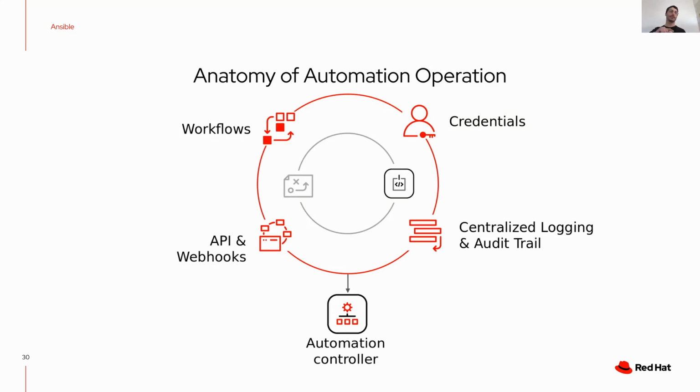And what it does is give you an API to trigger those runs or to inquire about previous runs, as well as workflows, so that once a certain playbook gets run and finished, either successfully or failure, it can then trigger other playbooks and maybe different playbooks if it was successful or failed. But obviously, it's also focused on managing credentials and logs because we want to have a software that makes life easier for all operation people as well.